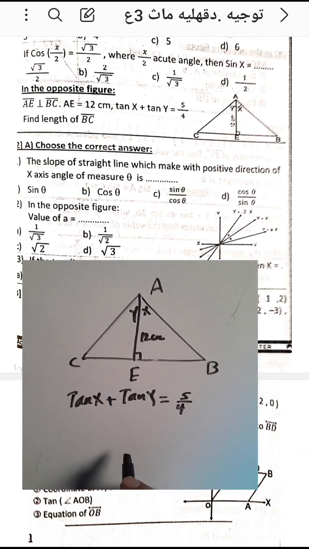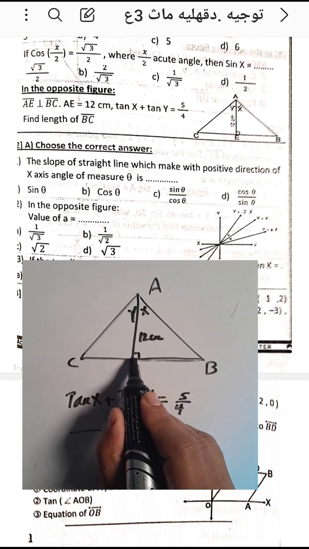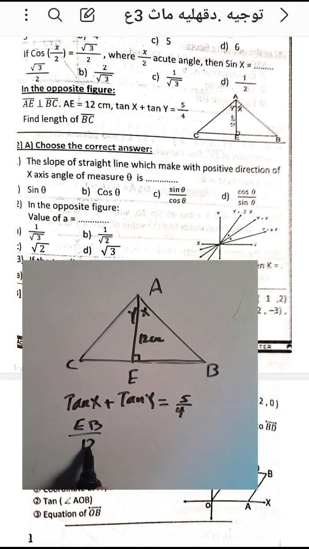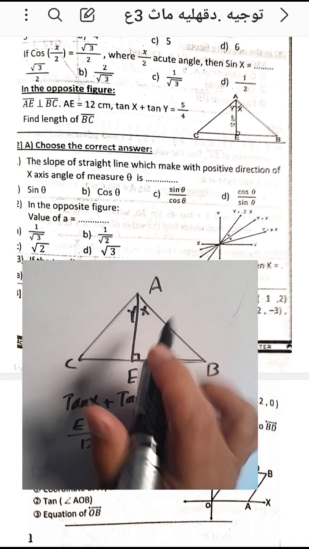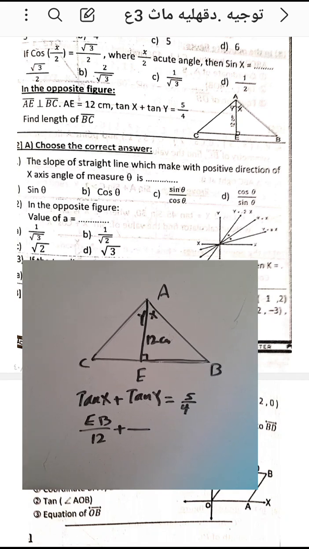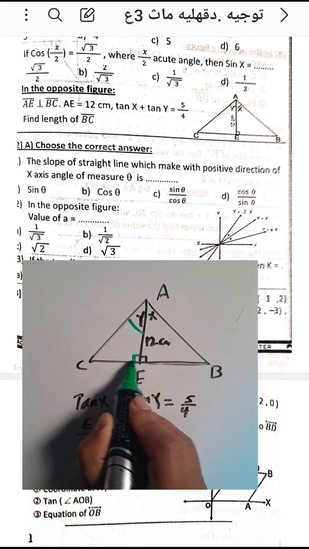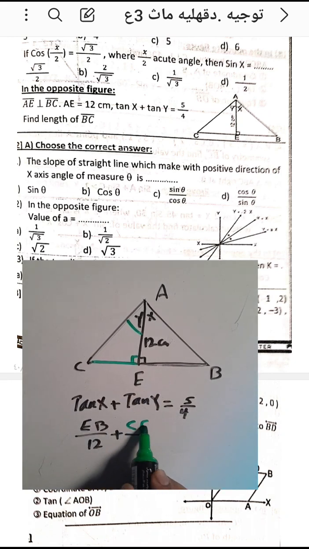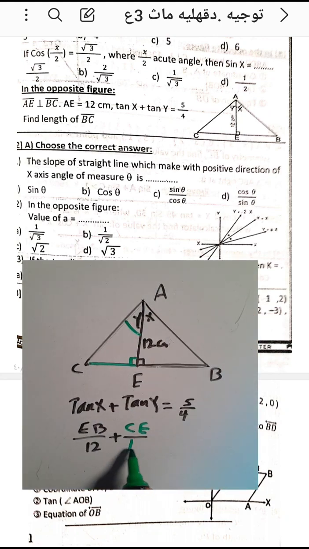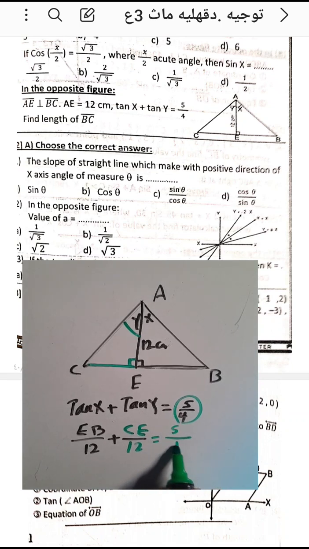We know tan x from this right angle triangle equals opposite over adjacent, equal to EB over 12, because this side length is 12 centimeters. And tan y from the left-hand side triangle equals CE over 12, opposite over adjacent. They give us the sum of them equals 5 over 4.